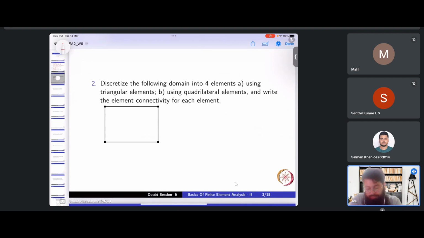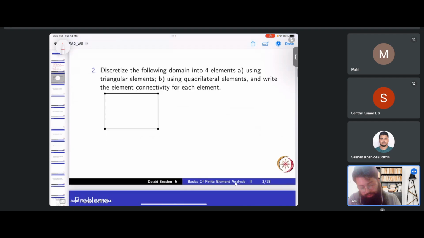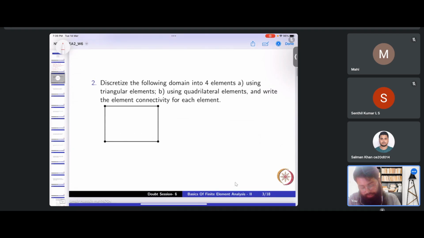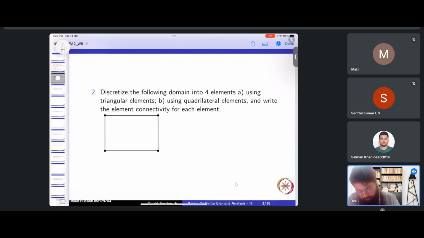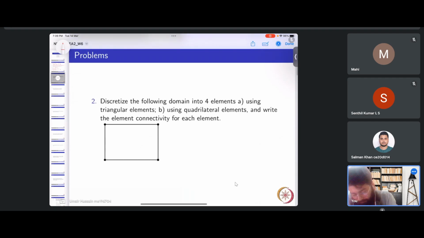Okay, so we are given a 2D domain here. It's a rectangular domain. How do we discretize the domain into triangular elements or quadrilateral elements? So we have to first discretize this into four triangular elements, right? And we also have to write the element connectivity for each element. Okay, so we first do it with triangular elements.